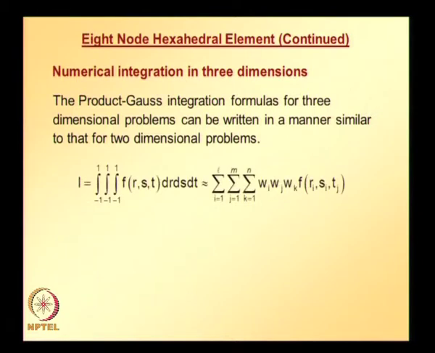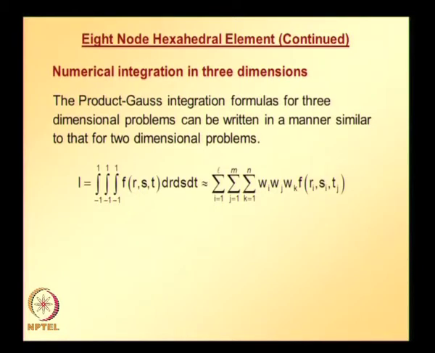So, an integral something like this, I is equal to integral from -1 to 1, -1 to 1, -1 to 1 of f dr ds dt. Basically, the components of the element stiffness matrix usually will be in this form.